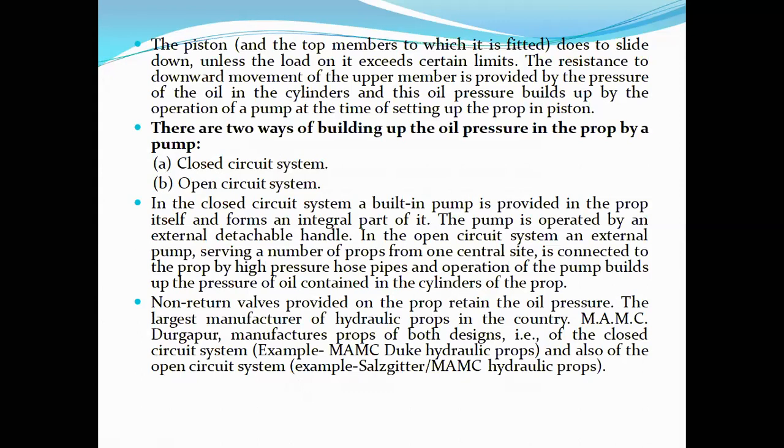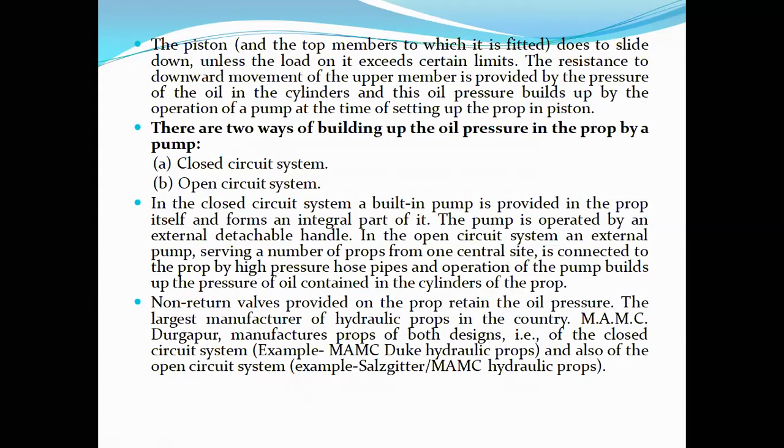In the same way here also, the pressure of the hydraulic fluid is applied so as to set the prop. In a closed circuit, the fluid flows within the prop, so it is operated manually. In case of an open circuit, the prop will be set by using an external pressuring unit.